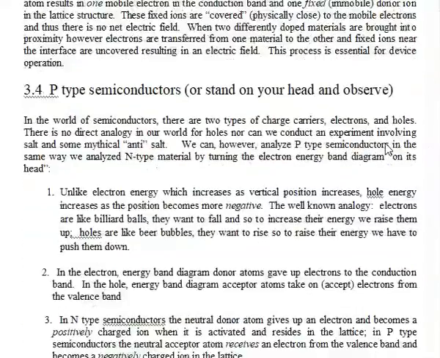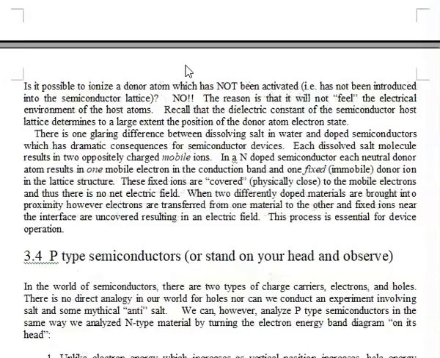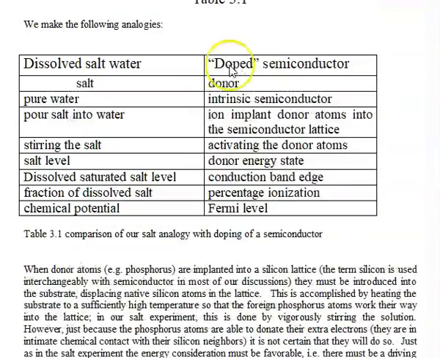Okay, if you thought that was confusing, I should take a deep breath, because now we're going to talk about the inverse of phosphorus, which is P-type. All of this referred to N-type.